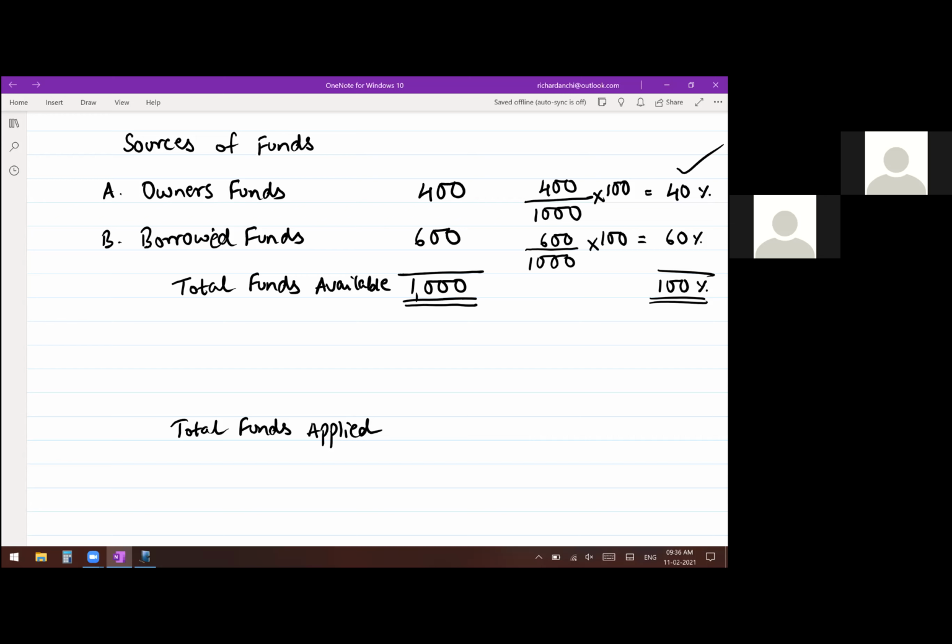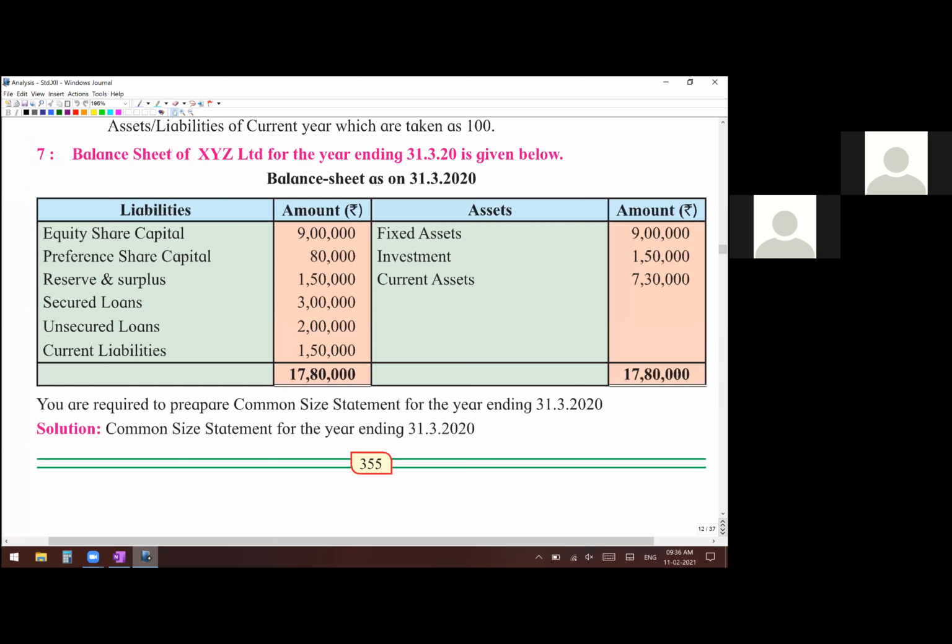Now, we will take an example and see how to solve this common size statement only for the balance sheet. So what I want you to do is come to page number 355 in your textbook. We will take a very simple example and see how this works. Page number 355, this question number 7 we will be solving.